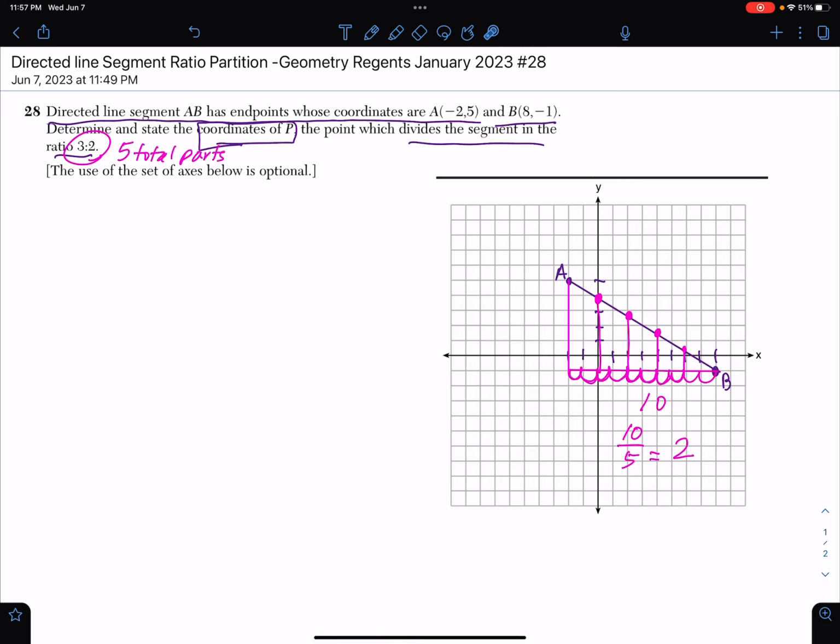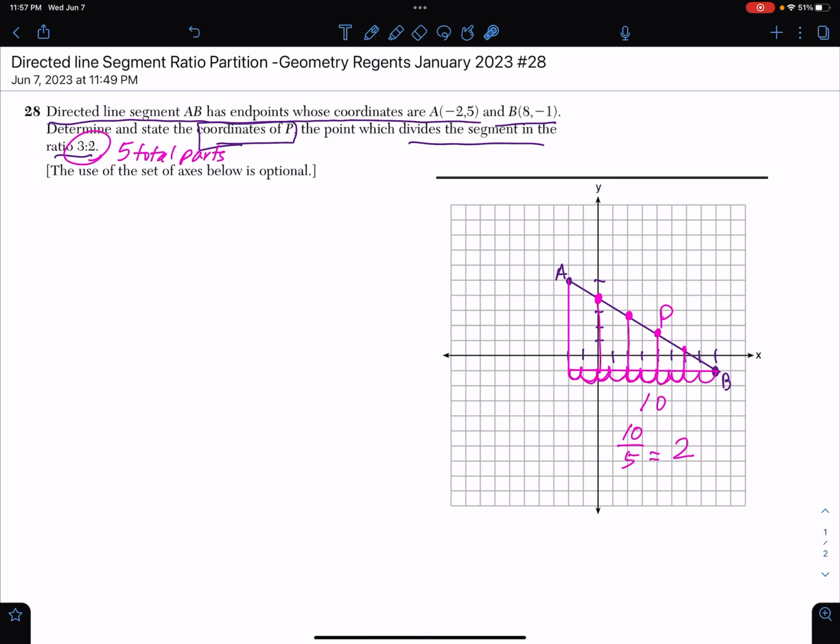Now we said that point P is somewhere on this line segment AB, and remember we started with A, so you start with point A, and the ratio goes from 3 to 2. So that's 1, 2, 3, and therefore P has to be here, and then this is the 2.